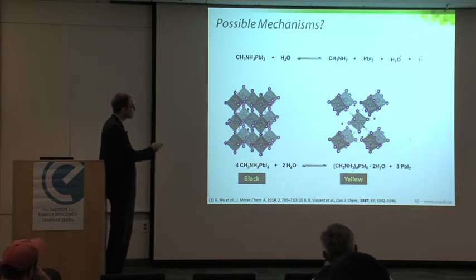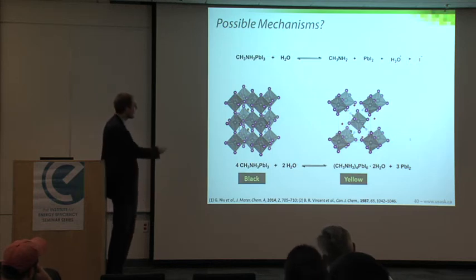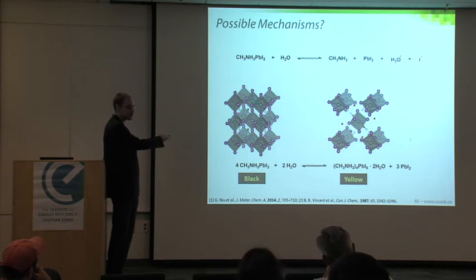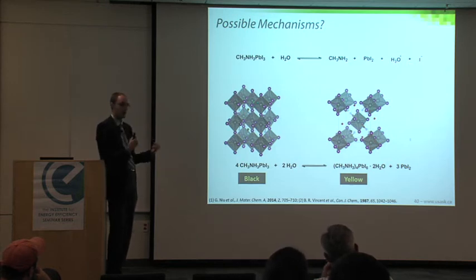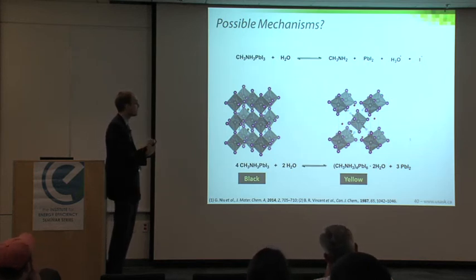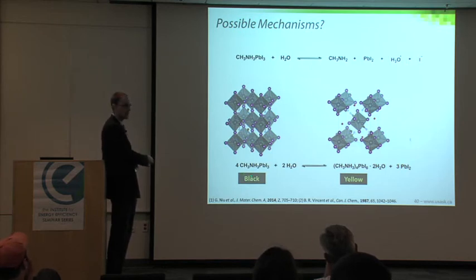But this corresponds really well to the first step in the decomposition mechanism. So the film picks up moisture and breaks apart these lead iodide octahedra into discrete PbI6 units. You've broken apart the connectivity between the PbI6 octahedra, and now you have something that's pale yellow instead of the black color that we started with.